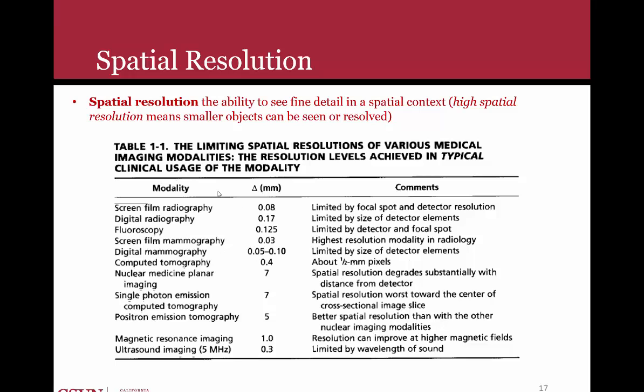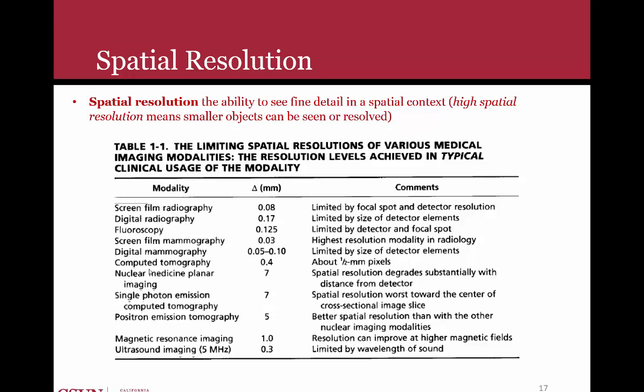I have a table here that compares the spatial resolutions of the different technologies that we've talked about. In the case of radiography, depending on if it's screen film or digital, you're on the order of 0.08 to 0.17 millimeters. So that's pretty small.